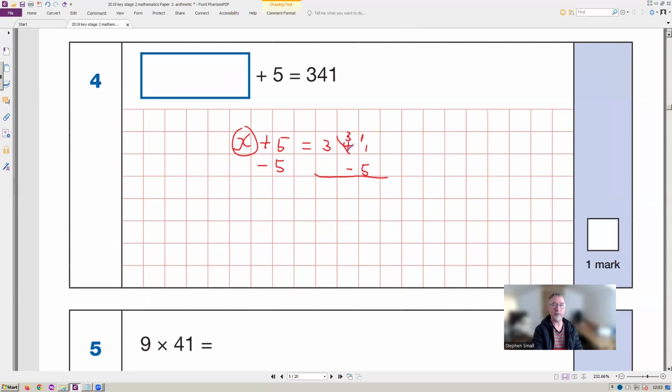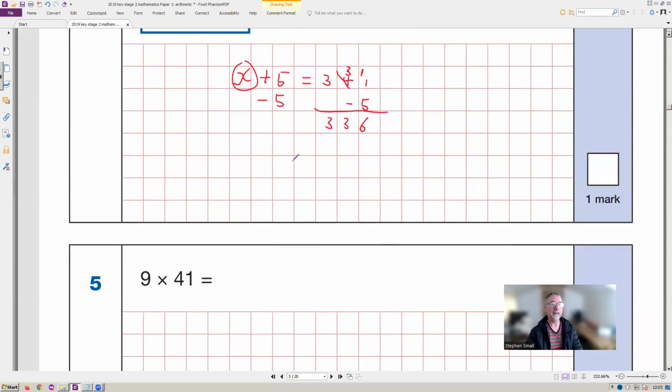We've borrowed 10 from the other side. 5 from 11 is 6. Okay, nothing from 3 is 3. 3, 3, 6. So let's hope I got that right. Yes, of course you could have just gone backwards. You've got to take 5 off of this 3, 4, 1 is the easier way to do it. But never mind. We're doing it formally.